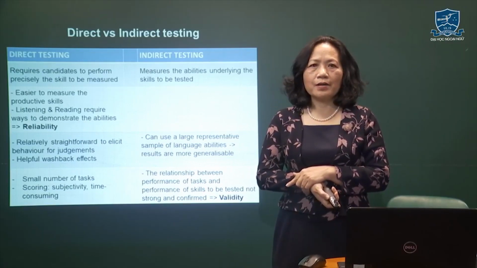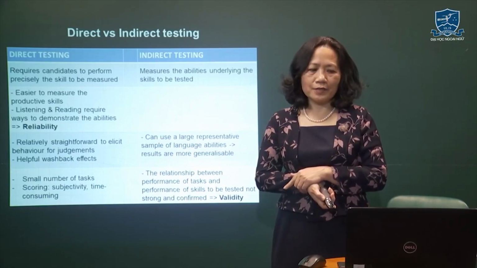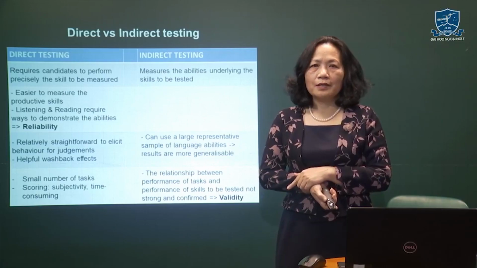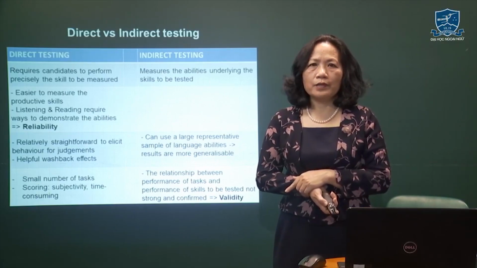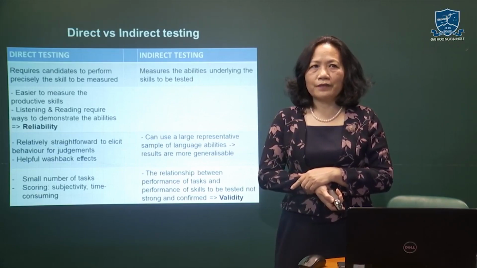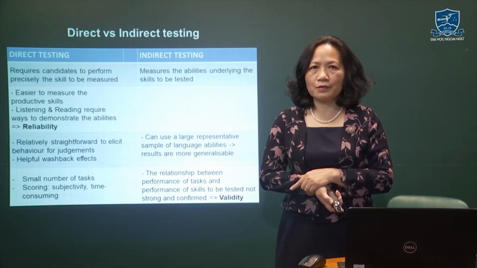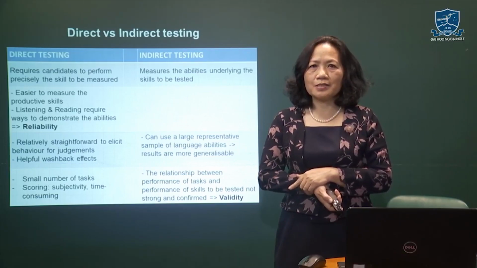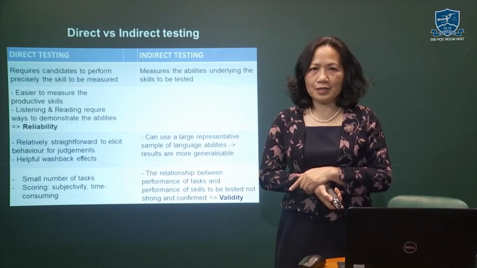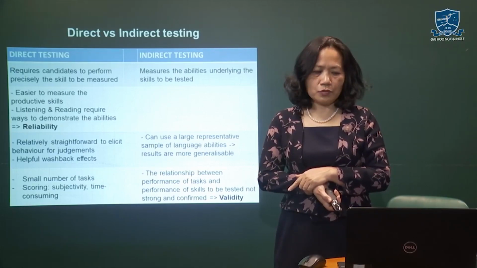However, there are some disadvantages of direct testing. The first one is that we can have only a small number of tasks. Instead of asking the students just to choose the right answer, A, B, C, or D, you ask them to write a composition, an essay. So the number of tasks is limited, of course.